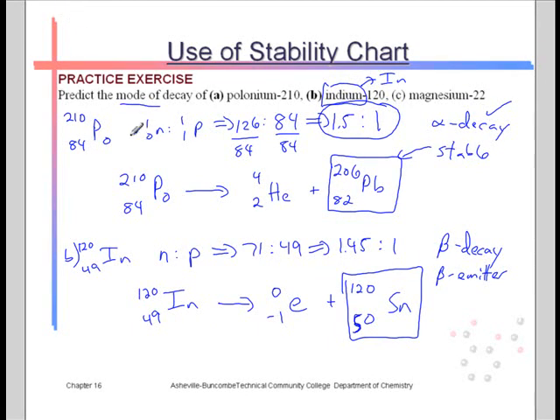Magnesium-22 illustrates something that's a little bit different, and I'm going to use that symbol there. If I want to do neutron and proton, this thing will be 12 protons and then 10 for the number of neutrons. So one problem is that there's a greater number of protons than neutrons.